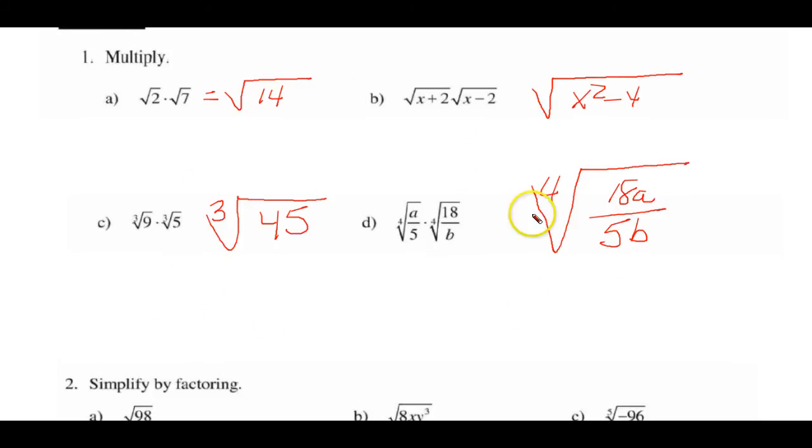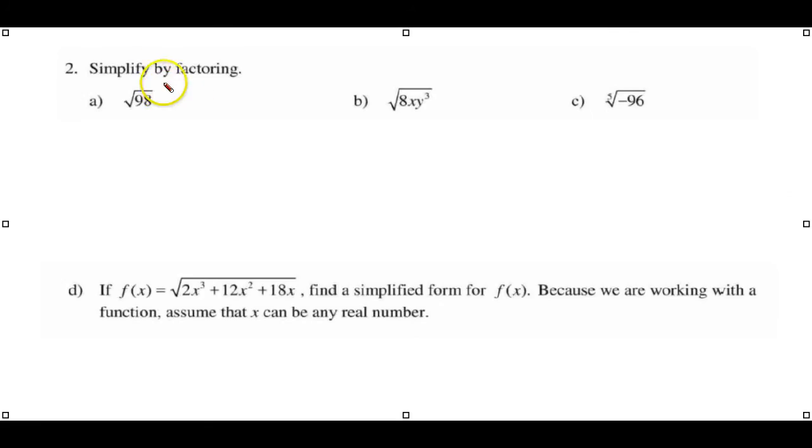Alright, so some very easy principles here, and let's move on. Now here we need a protocol to do these, keeping in mind what we just had. We want to simplify by factoring. So the basic rule is to write two sets of radical signs, and you want to see if in this first radical you have a factor of 98 that is a perfect square.